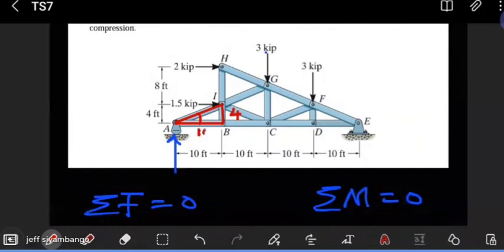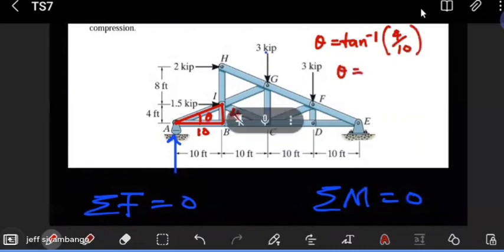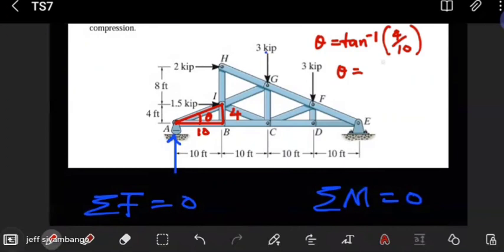So this is 10, and that is 4. I can assign this to be theta and say that theta will be tan inverse of opposite over adjacent. So what will be our theta there? 21.8 degrees.